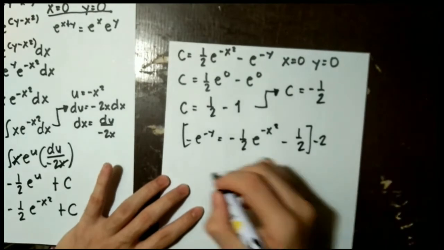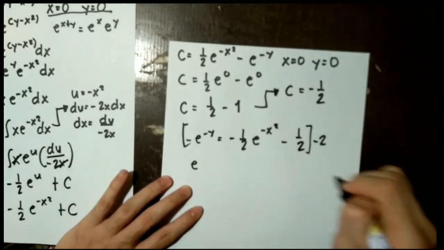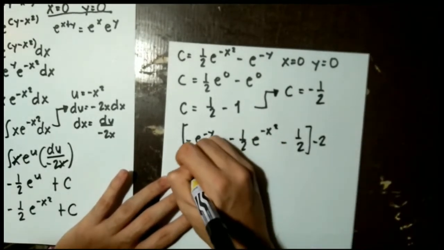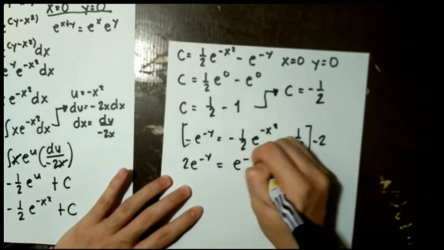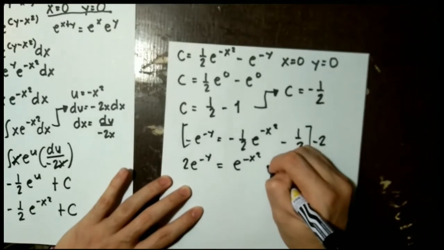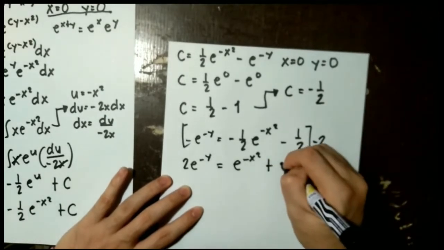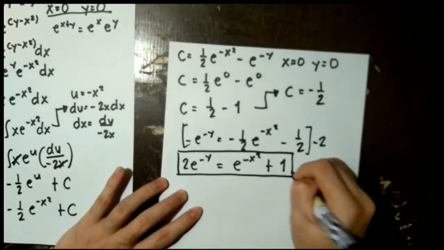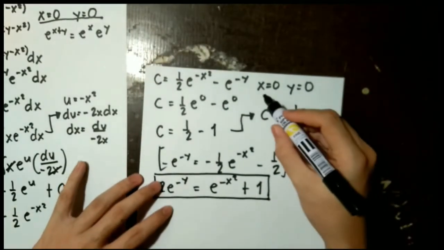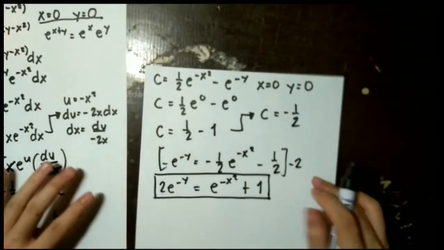So, ang magiging sagot natin is 2e raised to negative y is equal to e raised to negative x squared plus 1. So, ito na yung final answer natin. Na-given yung initial condition niya na x equal to 0, y is equal to 0.